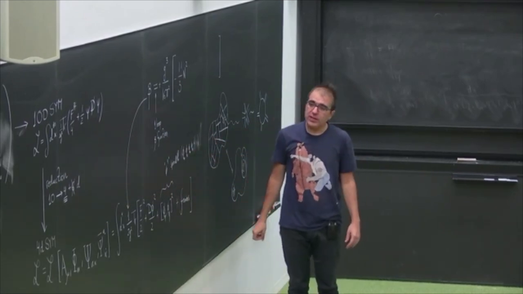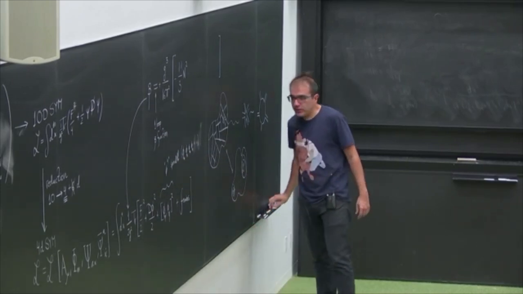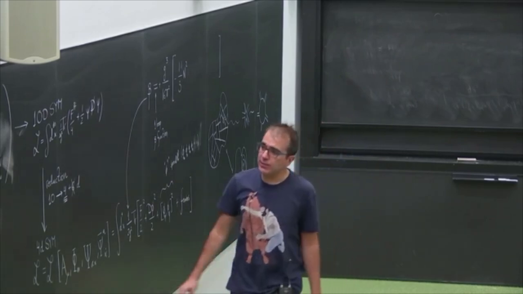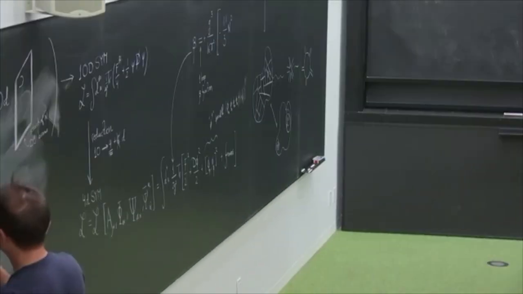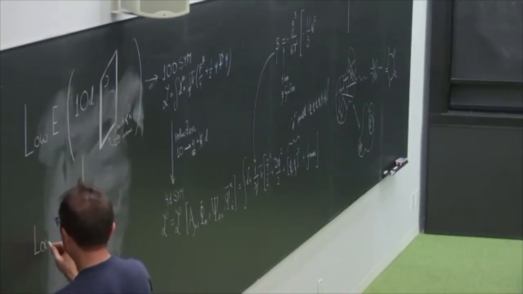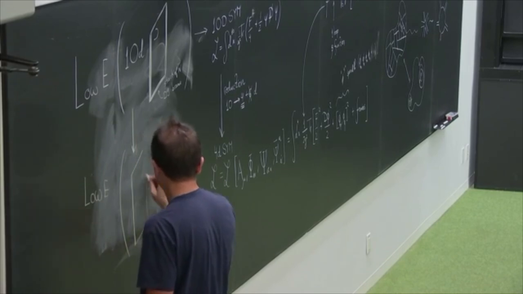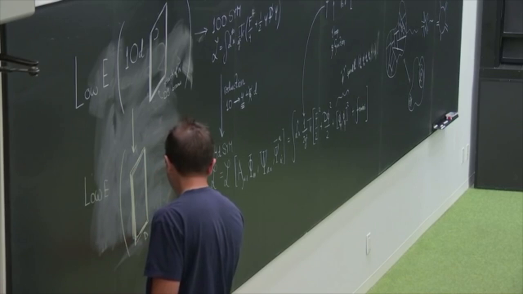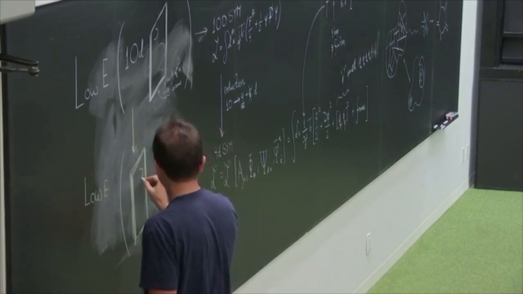Now, one thing we could have done is, instead of considering this, we could have done the reduction at this level and think, no, instead, I want to consider the low energy limit of a stack of D3 branes. So from the beginning, I start and I say there are some D3 branes, and there are some open strings here.